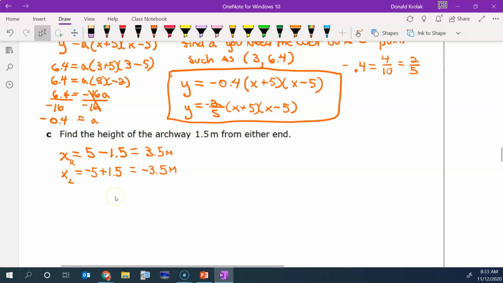So now I'm going to just drop those in and calculate what the height is. So for this one, I would have y equals negative 0.4, x plus 5, x minus 5. Now we just do the math.